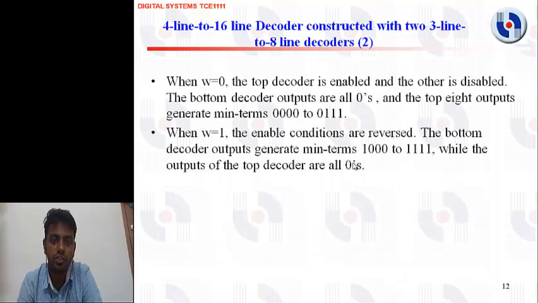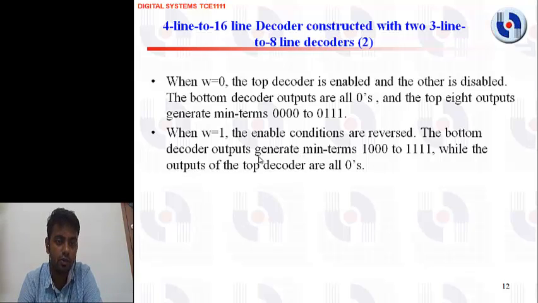When W is equal to 0, the top decoder is enabled and the other is disabled. The bottom decoder outputs are all zeros and the top 8 outputs generate minterms, meaning 0000 to 0111. When W is equal to 1, the enable conditions are reversed.